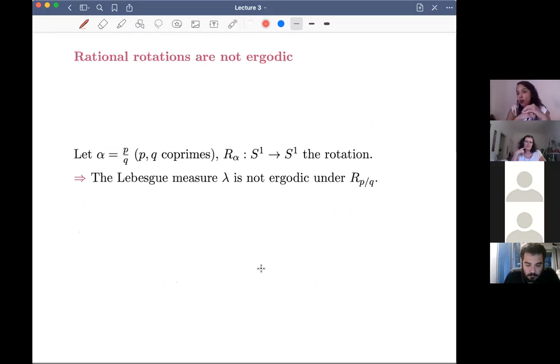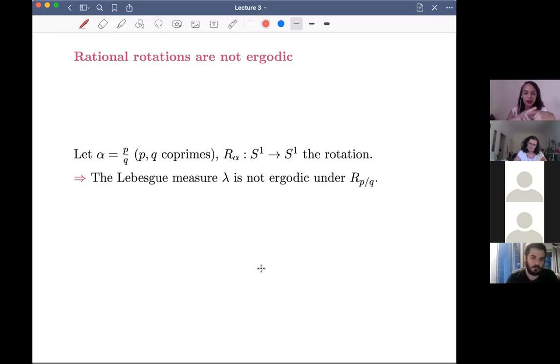Okay, now let's show that for rational rotations, Lebesgue measure is not ergodic. If alpha is rational, let's say it's p over q, and p and q are coprimes. It means that neither divides the other, okay?